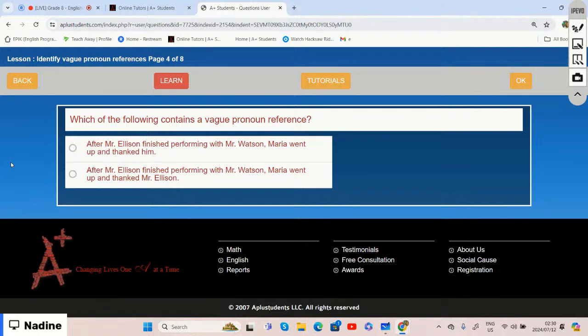Or option two, which says, after Mr. Ellison finished performing with Mr. Watson, Maria went up and thanked Mr. Ellison. So we need to choose the vague pronoun reference.